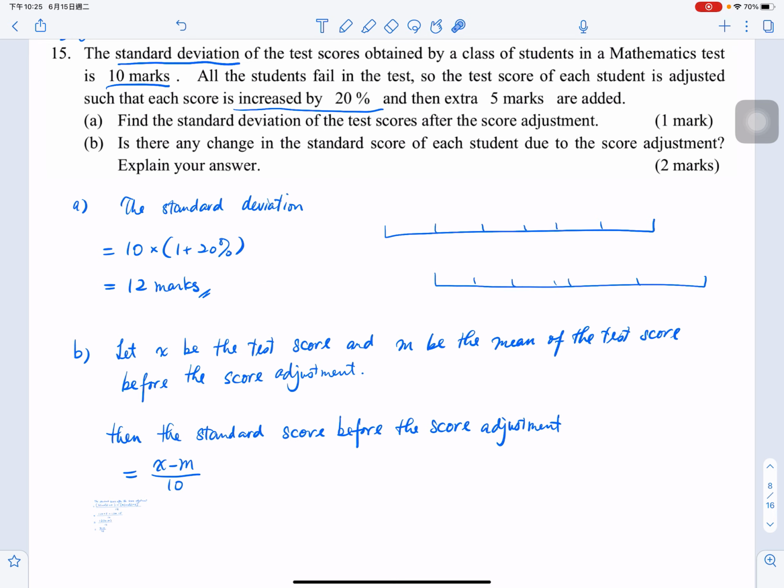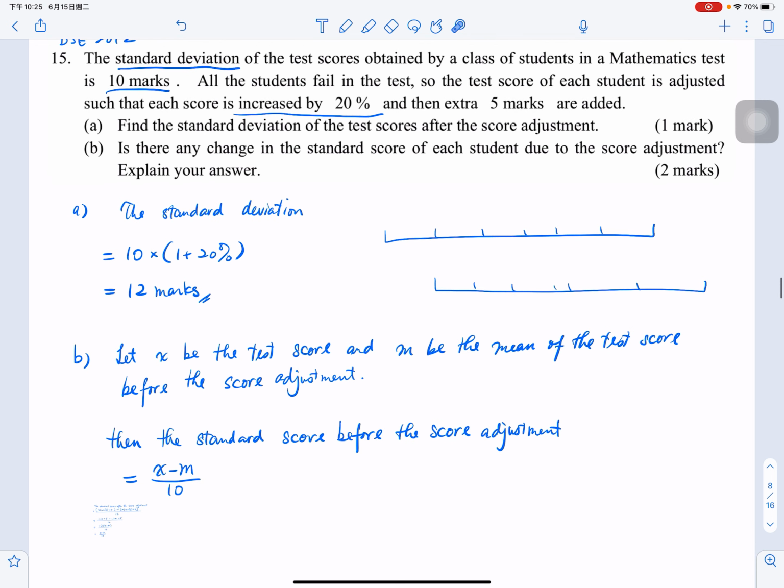I let X be the test score and M be the mean of the test score before the score adjustment. 好，未調節之前呢就咁樣樣，所以 standard score before the score adjustment becomes X minus M, and then over 10. 10 is the standard deviation, M is the mean score, and X is a test score.